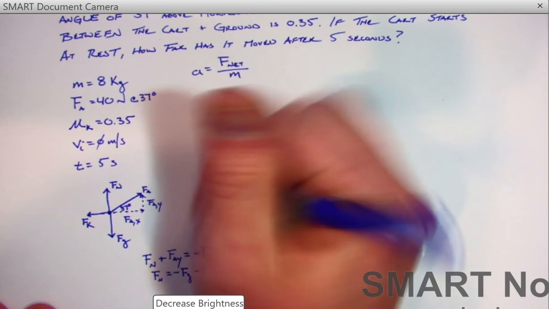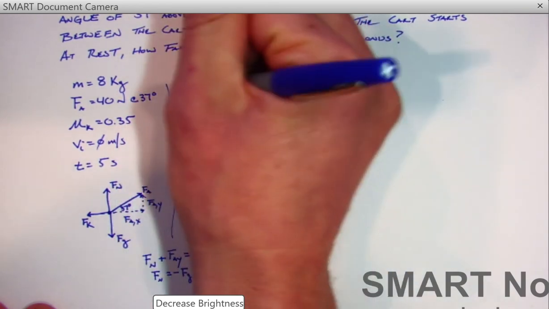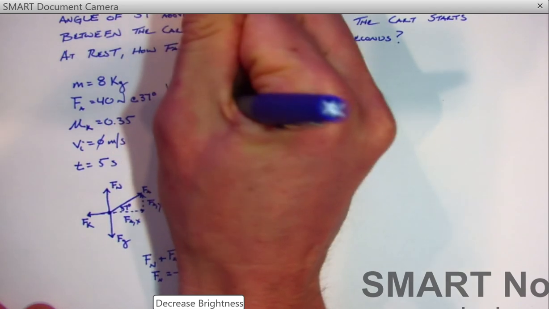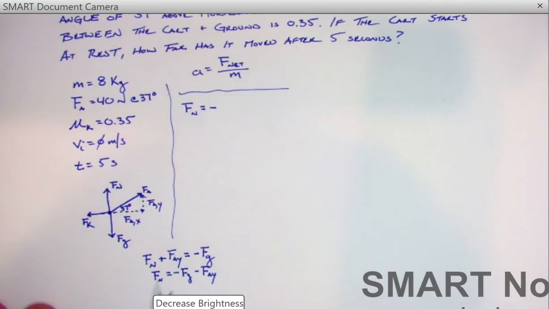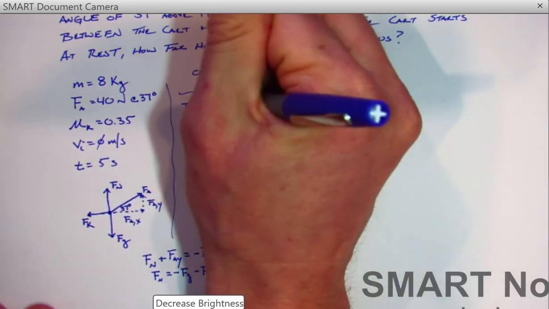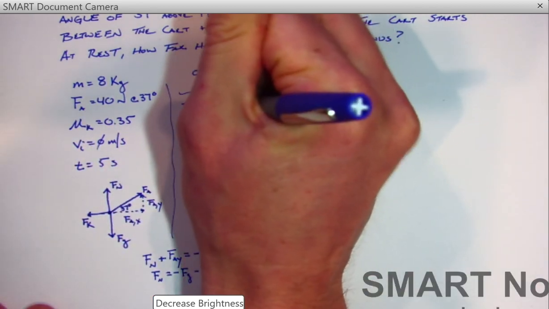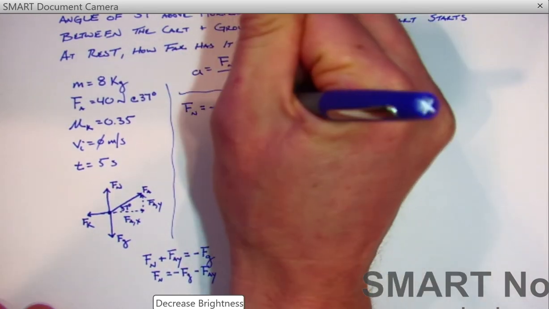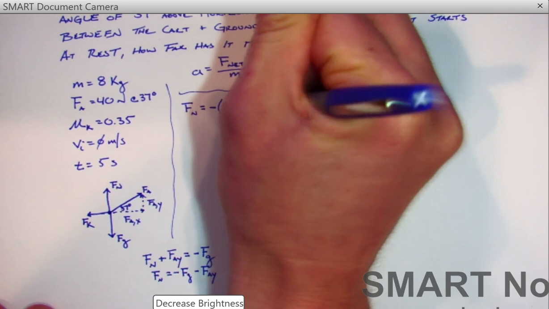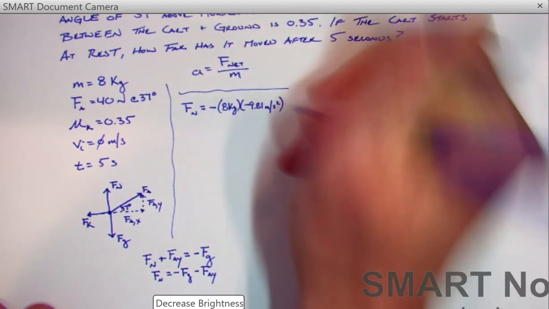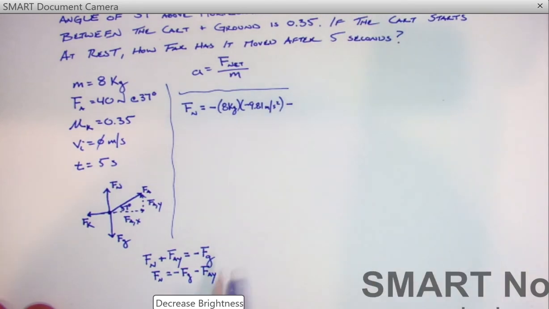So force normal is equal to the opposite of force of gravity, which is just mass times acceleration due to gravity. So 8 kilograms times negative 9.81 meters per second squared. That's its weight, minus force applied Y.